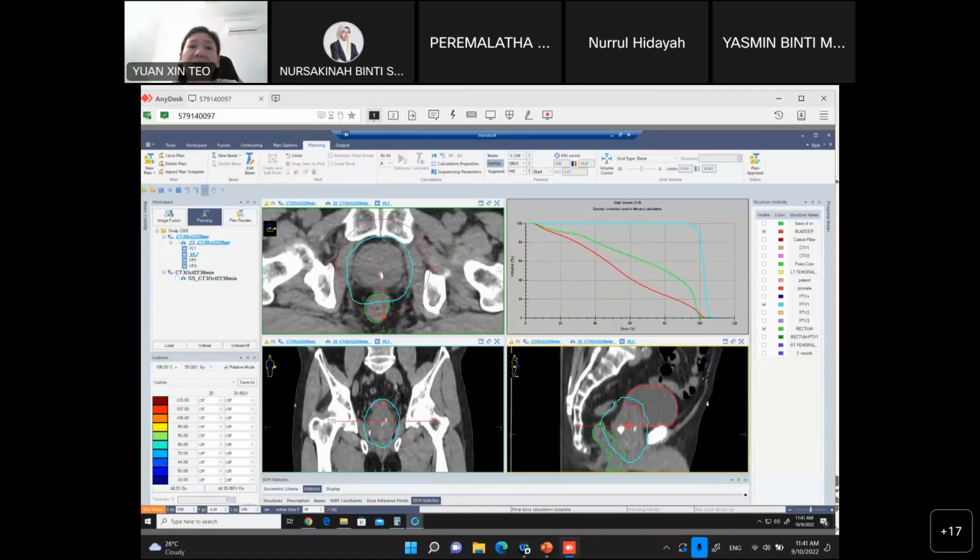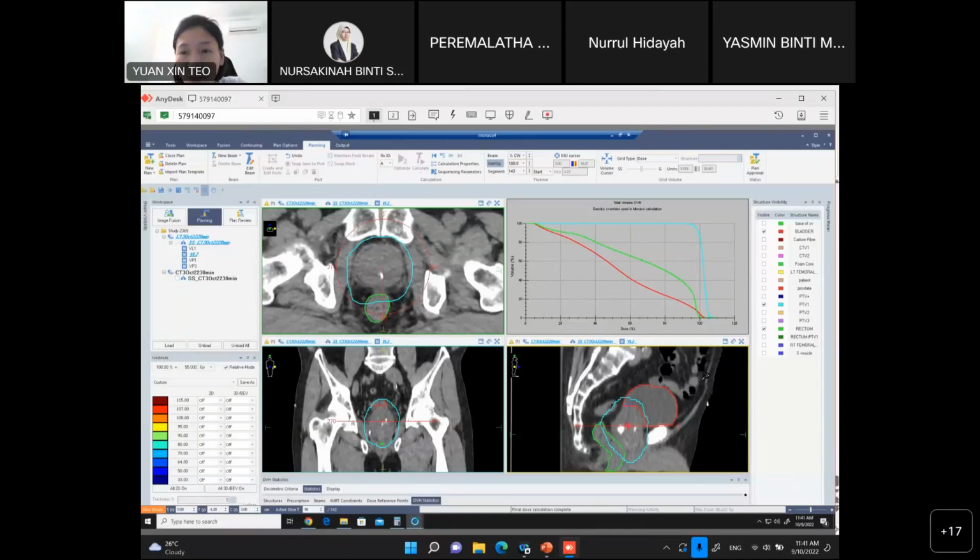Normally in CA prostate cases, we have a protocol for the patient, which we call the bladder and rectum protocol. Bladder protocol means we ask the patient to go to the toilet first before simulation, and then we make him drink 4 cups of water.